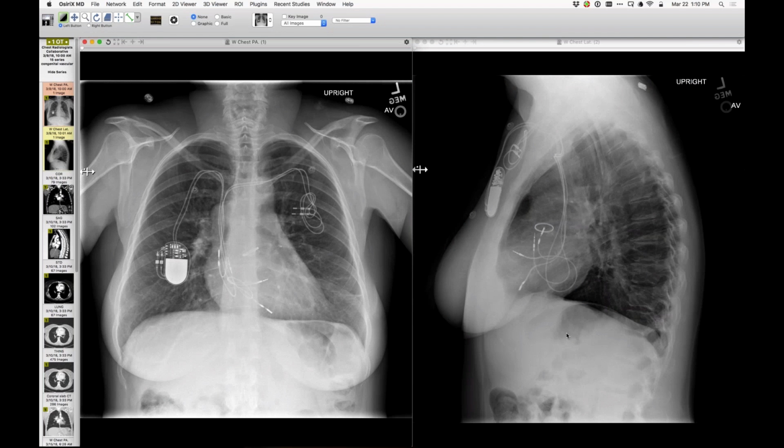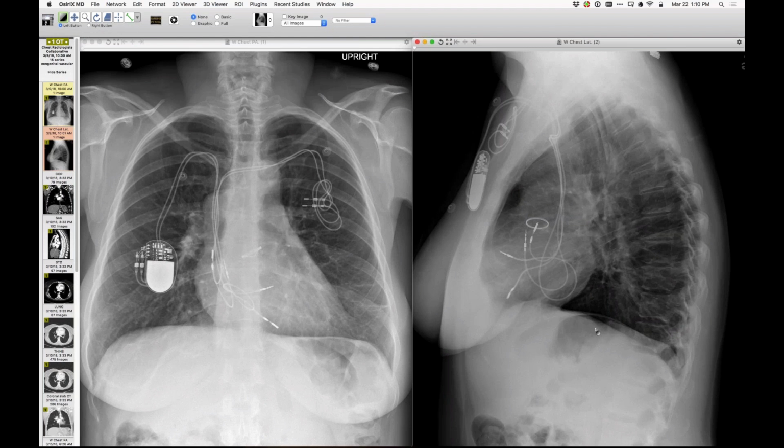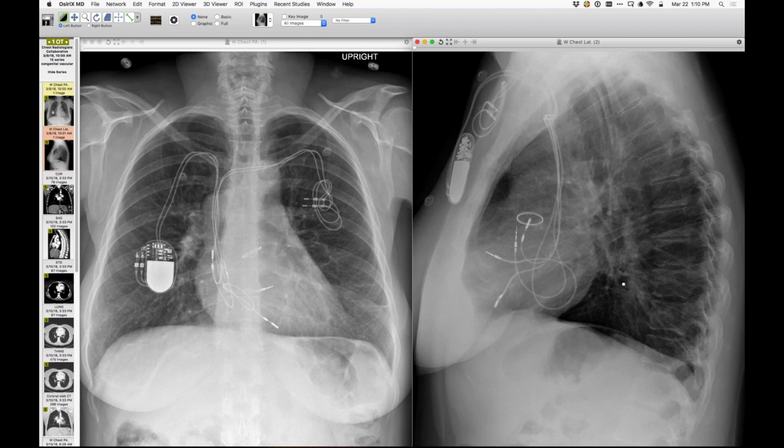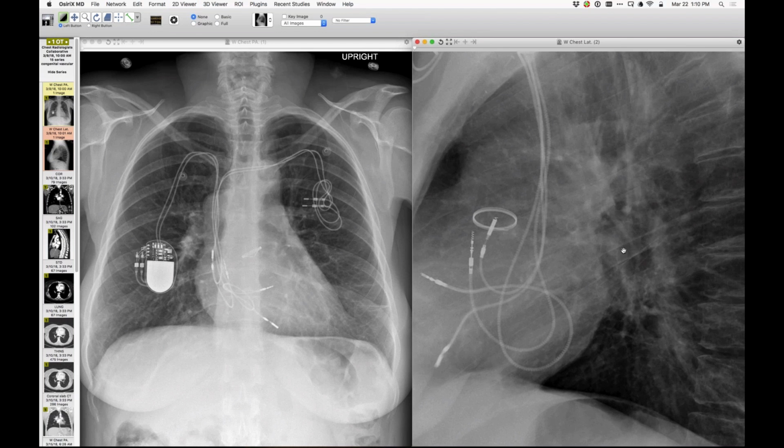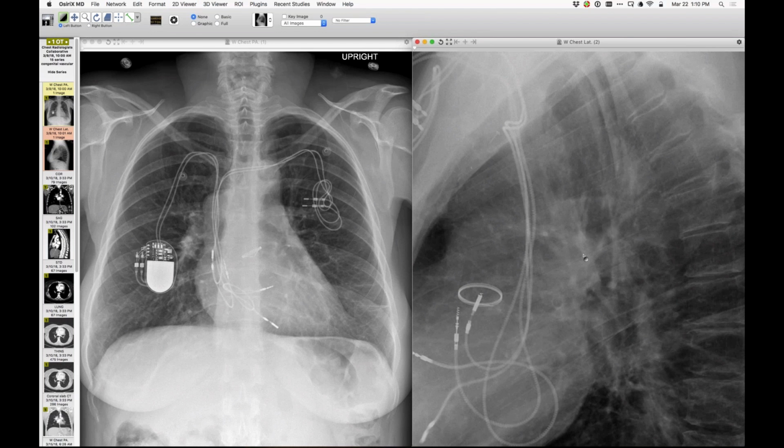Let me show you two things. First off, here is one finding right there. And the other one I will show you is here. And I'll show you why I'm pointing this out at the moment. I hope you'll see this, but here is the aortic arch.